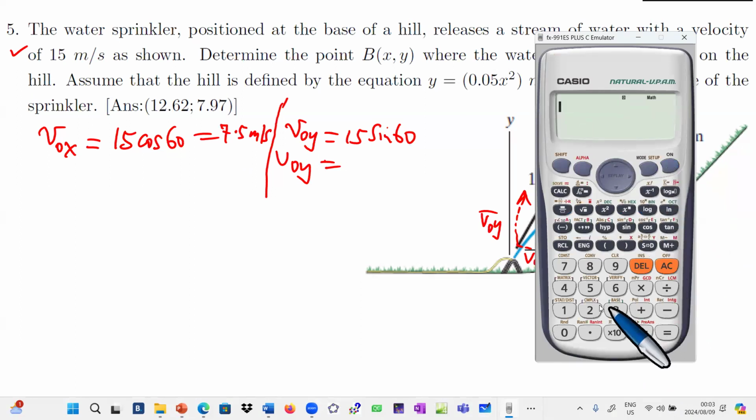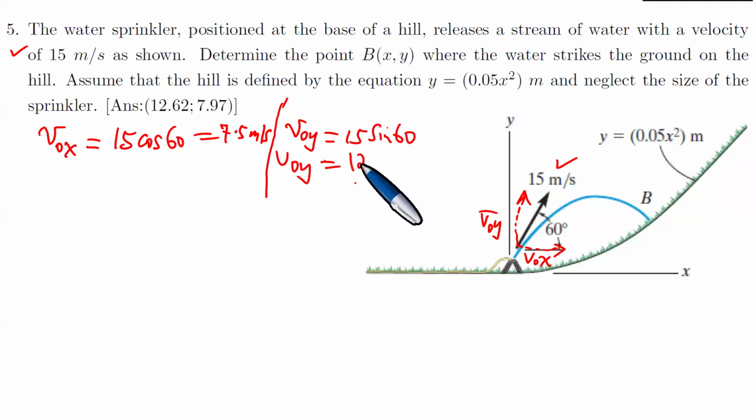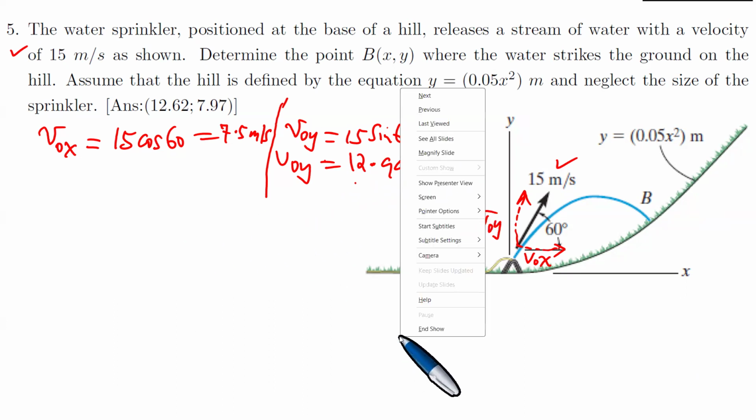So here we're going to also have 15 sine of 60, and 15 sine of 60 is actually 12.99. So this one will be 12.99 meters per second. So these are the velocities we're getting.